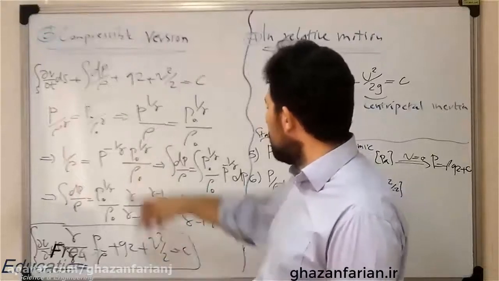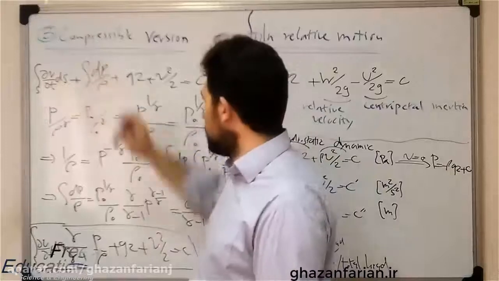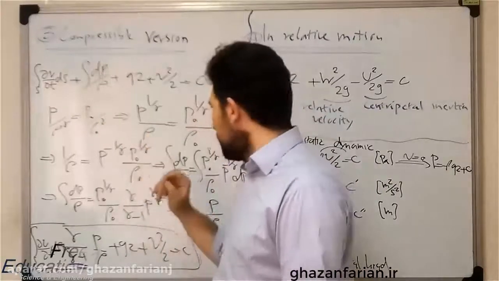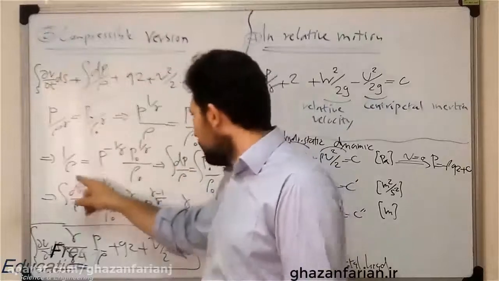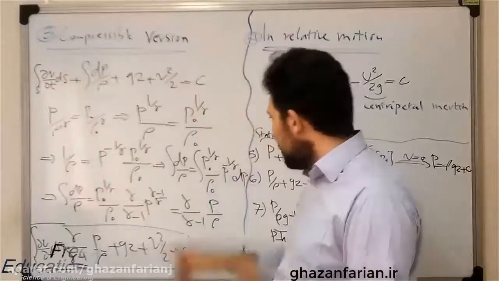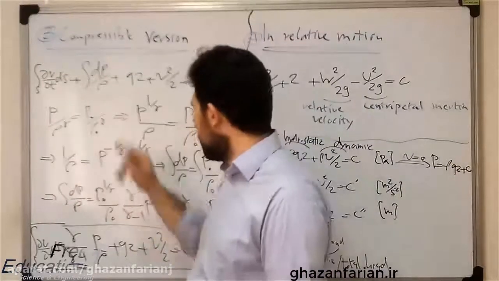You see here we have the integration of the inverse of density with respect to pressure. So you have to find the inverse of density from this relation. As you see, the inverse of density is equal to this expression, and then you perform the integration and substitute this form into the equation.